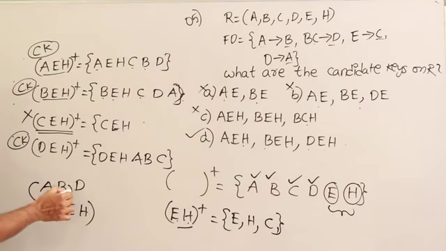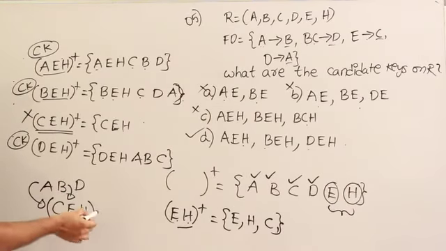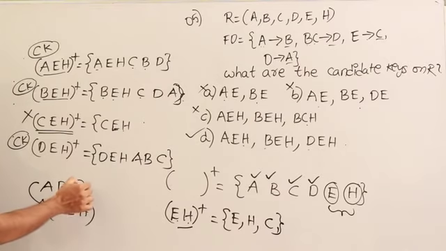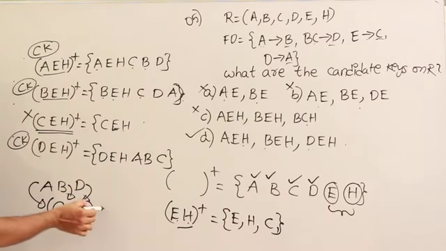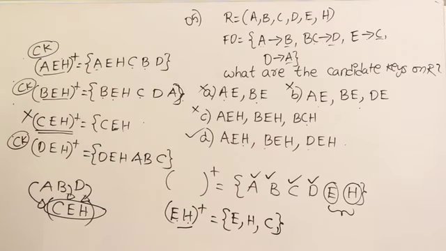If you try to add B, BEH is already a candidate key, so BCEH is not going to be a candidate key, and the same thing with D. Therefore you cannot do anything with CEH, and you cannot get one more candidate key. So we have only 3 candidate keys.